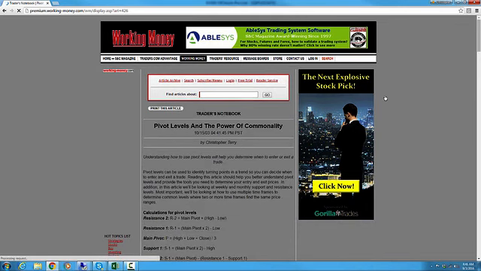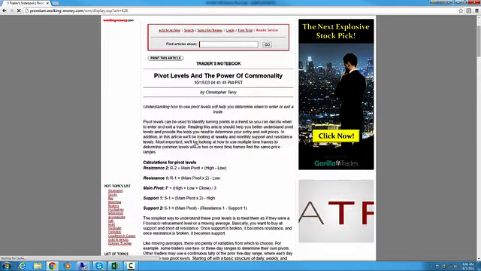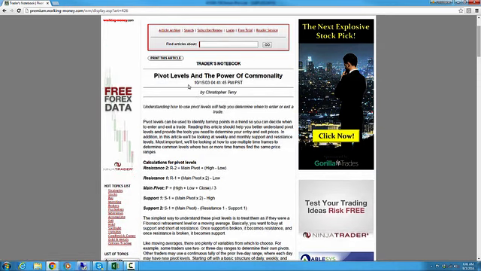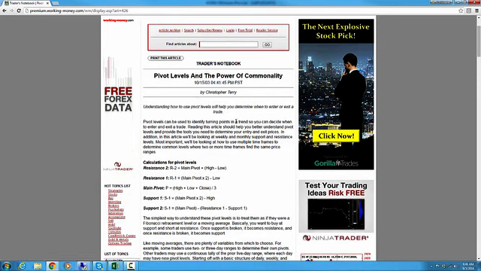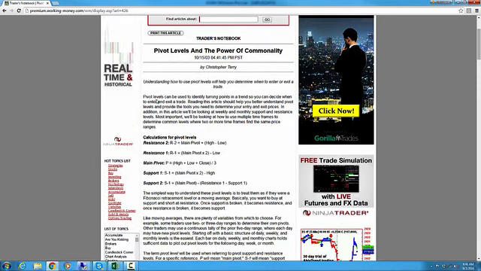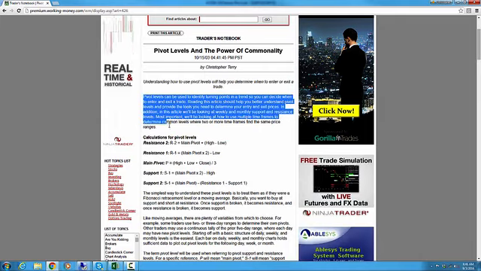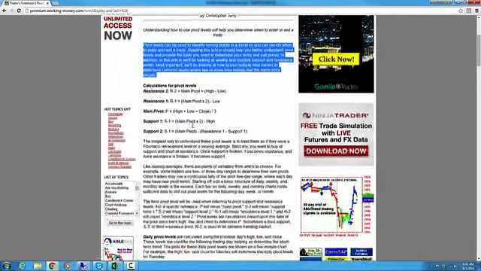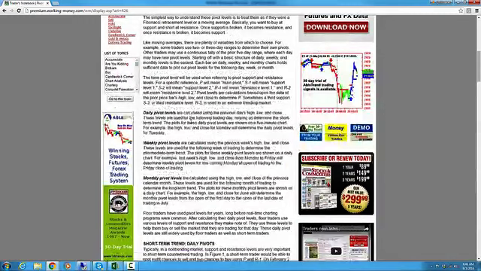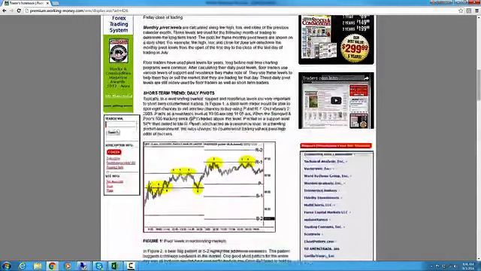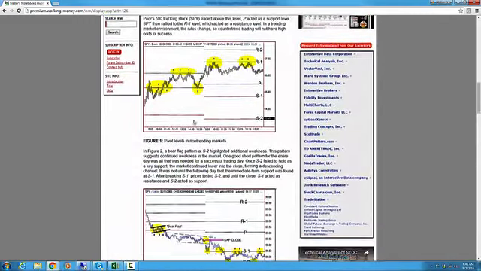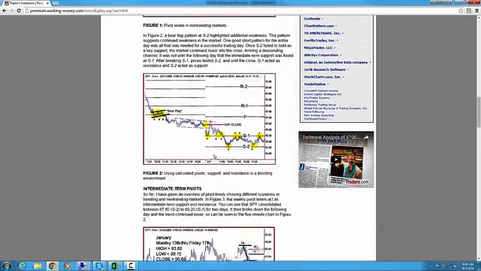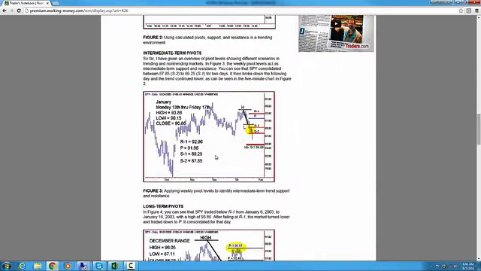All right. It was an article I had written 13 years ago about pivot levels, explaining how they can be used as support and resistance, and how to use them combined with each other. The platform we had back then wasn't as fancy as what we have these days, but the information is a very good read.